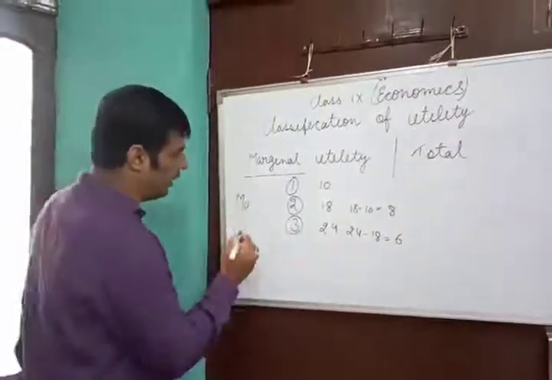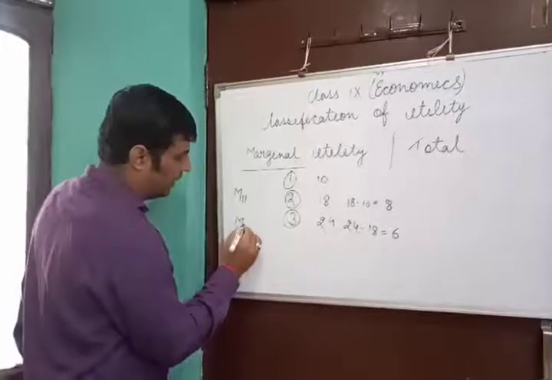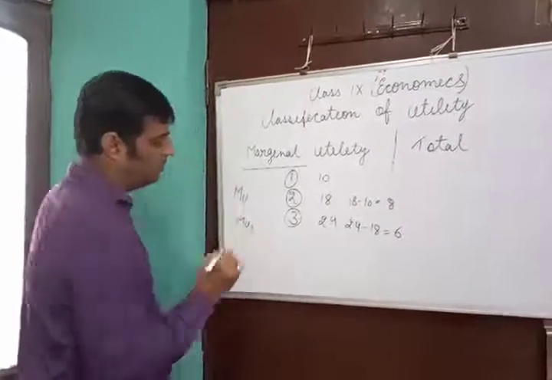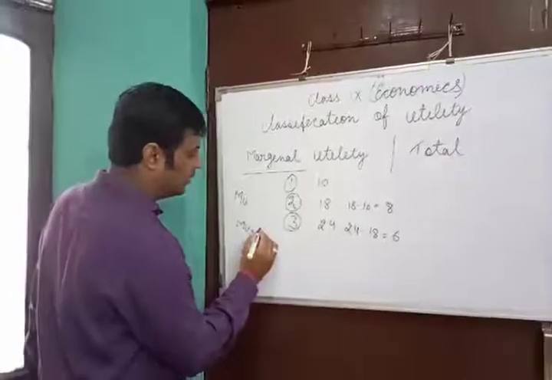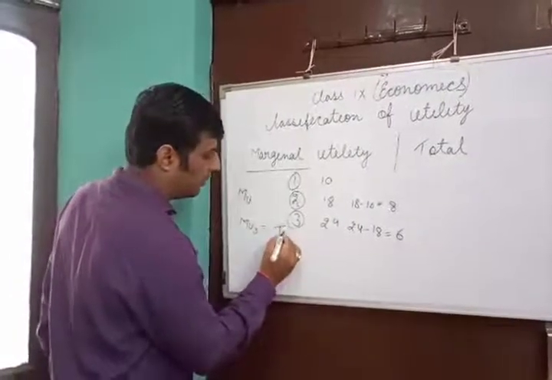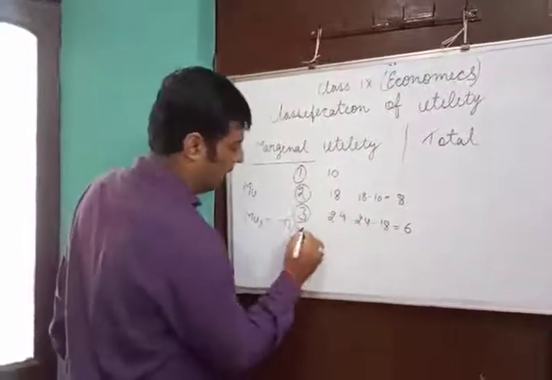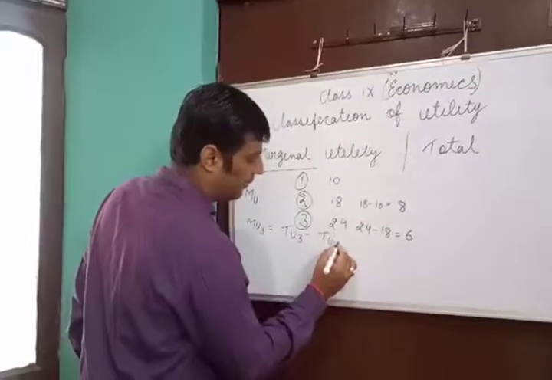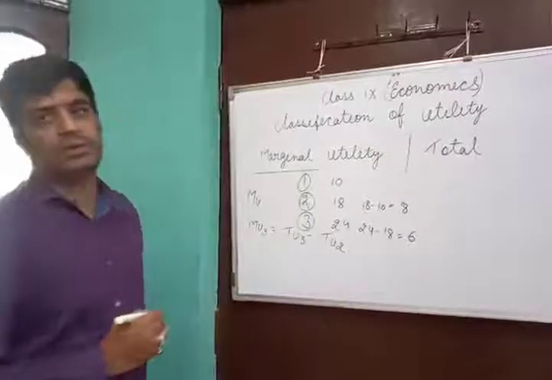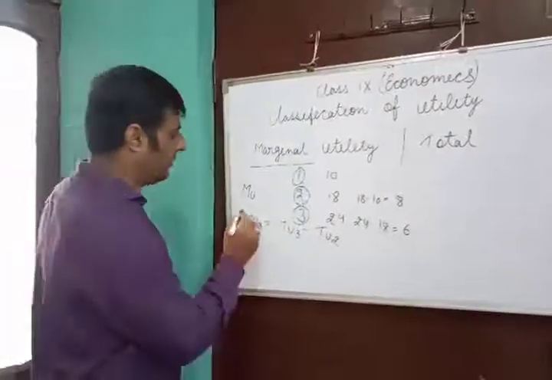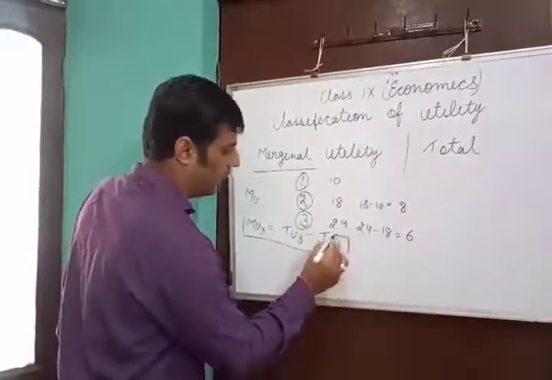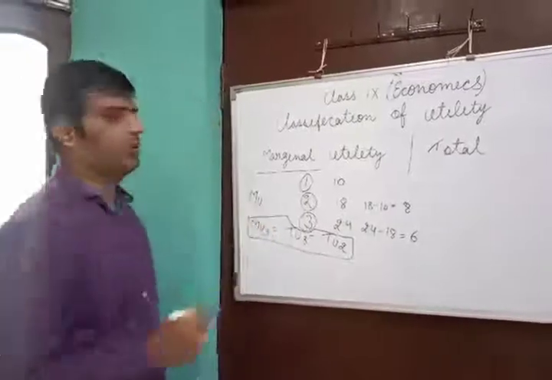Marginal utility of the third unit, MU3, is equal to total utility of the third unit minus total utility of the second chapati. That becomes the formula for calculating the marginal utility.